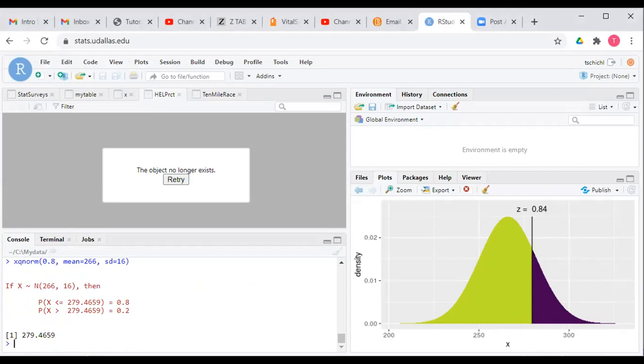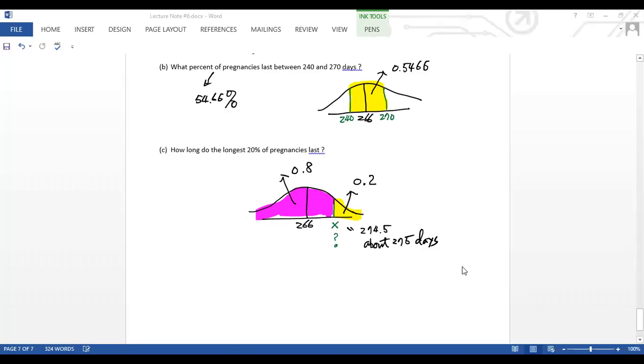See here? It's pretty cool. They give you the answer: 279.4, or about 280 days. So it's exactly the same as what we found using the TI calculator. Pretty cool, right?